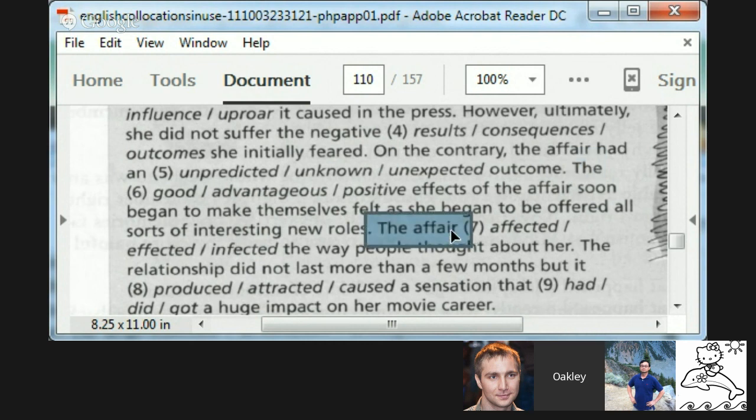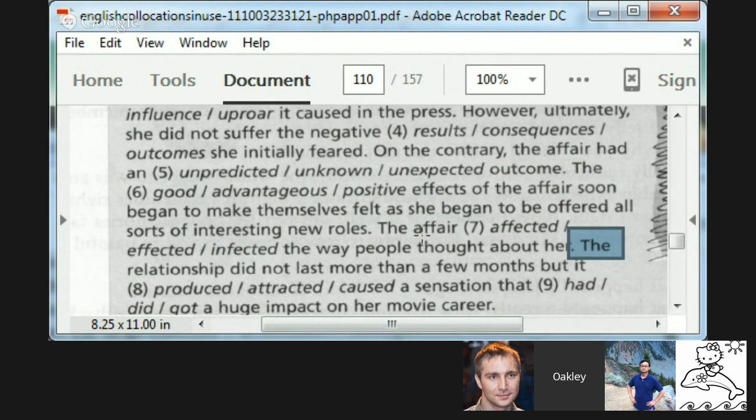The affair affected the way people thought about her. This one's funny, right? Infected. The affair infected. Uh-oh. Disease. Gotta get some penicillin. Oh, that's awful. Okay. Hogan.